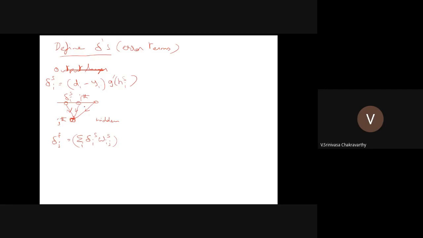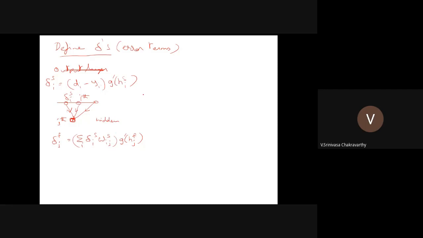But as far as the delta calculation is concerned, weights are used in the reverse direction. And you also multiply them with G prime Hj of f. So Hj of f is available, it is the total input going into this neuron. So you use that here also. So you define two such quantities. These are like deltas.